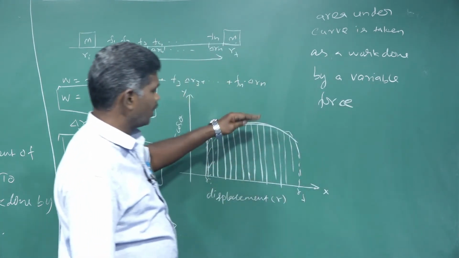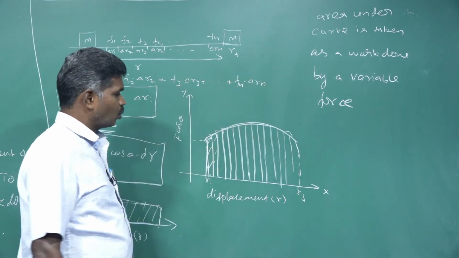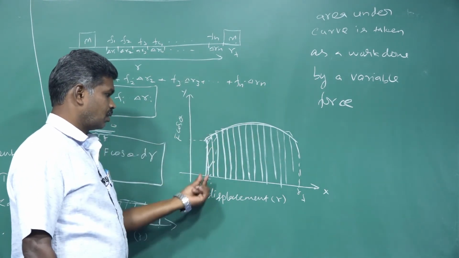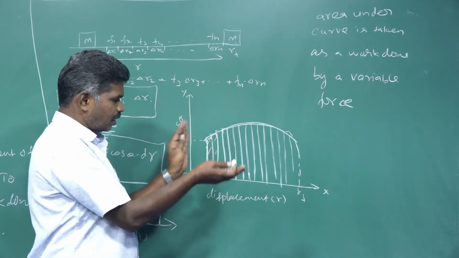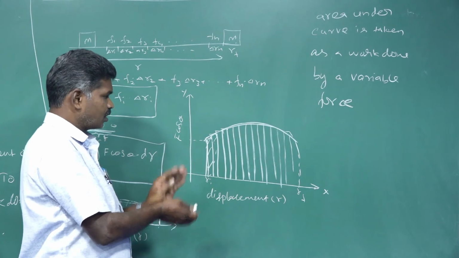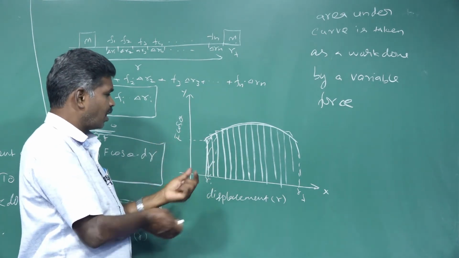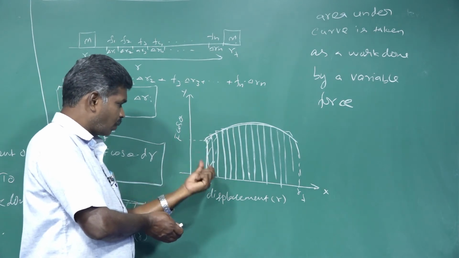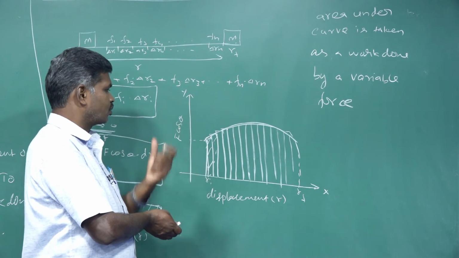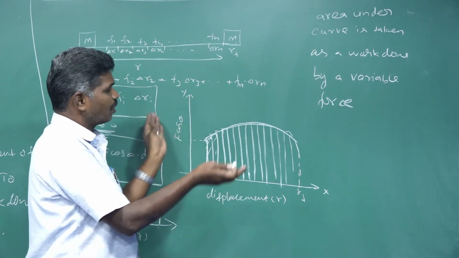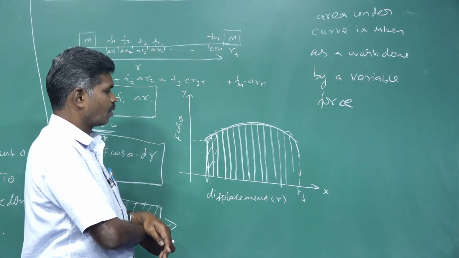If you find the area under the curve, there we calculate that work done. But this total curve we cannot take as one shape, it is a non-uniform curve. So we split the total curve into many rectangular portions, each having a certain area. If you sum those up, we calculate the total work done.